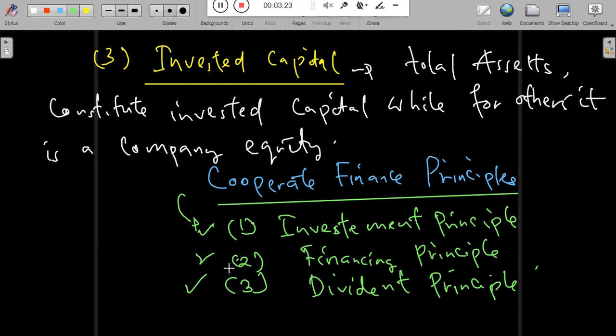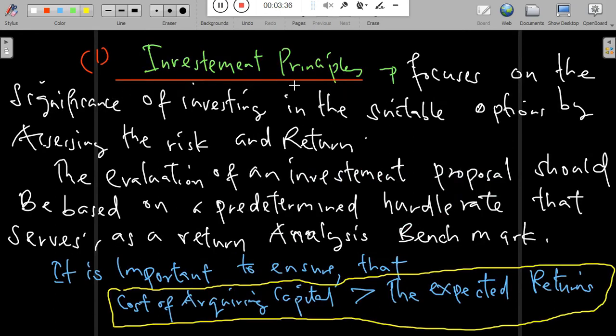Corporate finance has some principles. The first principle is the investment principle, then the financing principle, and the dividend principle. The investment principle focuses on the significance of investing in a suitable option by assessing the risk and returns. The evaluation of an investment proposal should be based on a predetermined hurdle rate that serves as the return analysis or benchmark.